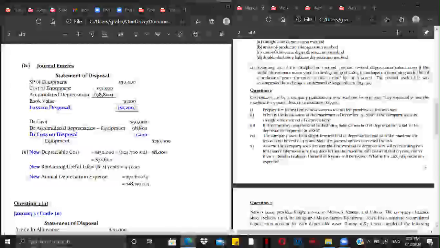And then you must subtract again the salvage value to get to the new depreciable cost, which is 192,000.